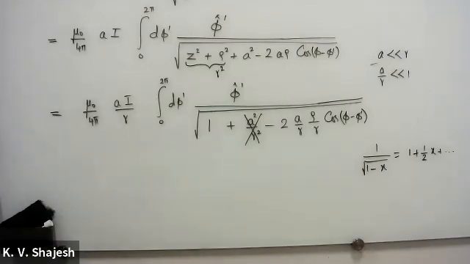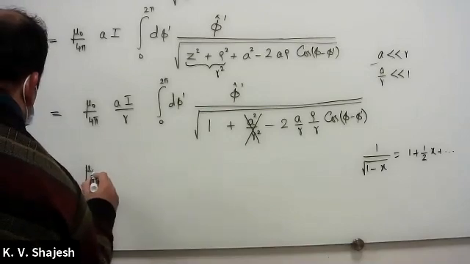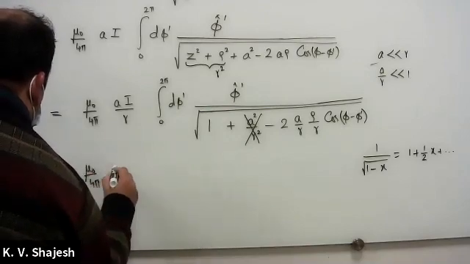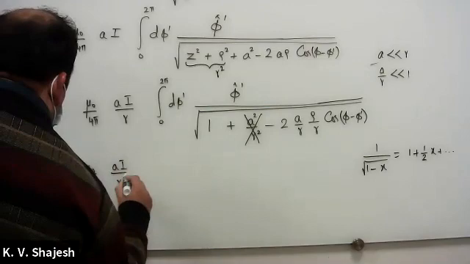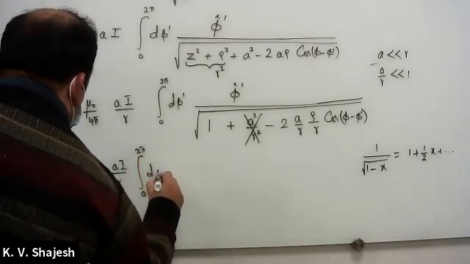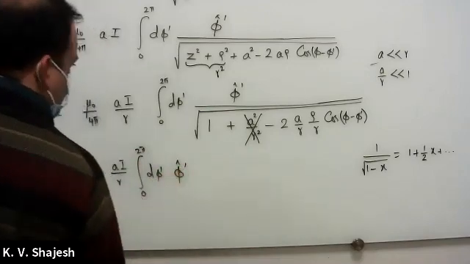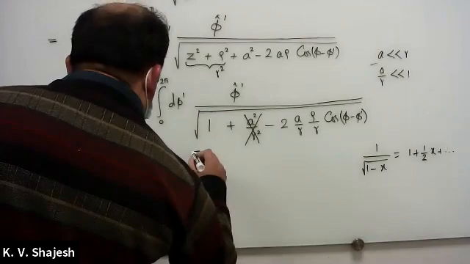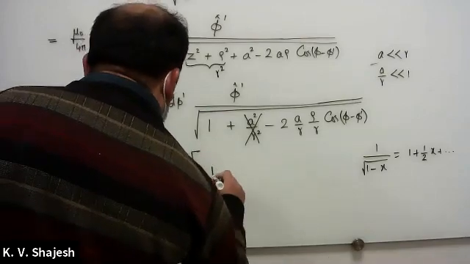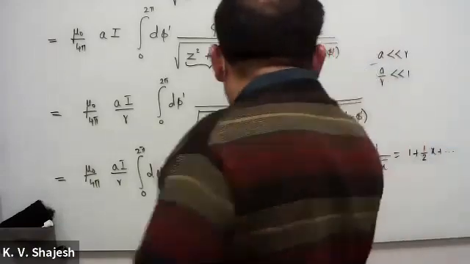Okay. I think we surely did all this. This is mu naught over 4 pi a I over r, and 0 to 2 pi d phi prime, that is phi prime hat, and the square root quantity is 1. This is minus x, so it is plus half, so I'm taking care of that minus sign.